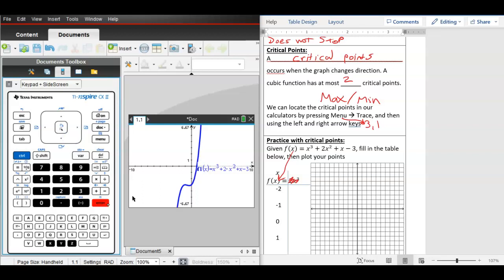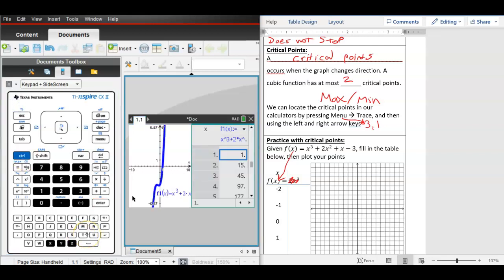Now, y'all see that graph right there? Do you see how it goes up and makes a little top of the hill? Then it goes back down, little bottom of a U, and it goes back up. Those are called my 2 critical points. One's a max and one's a min. So let's go ahead and first do Control T to get some points.